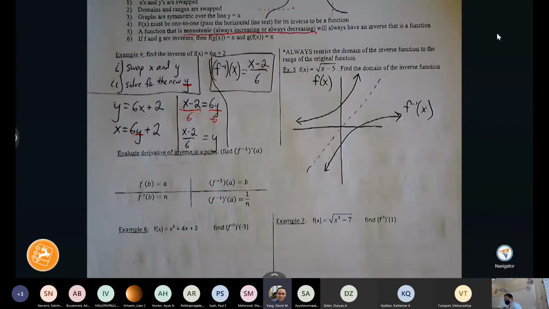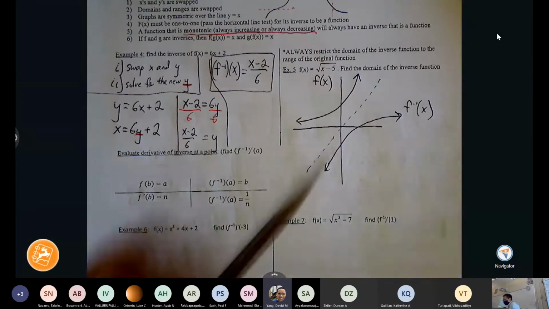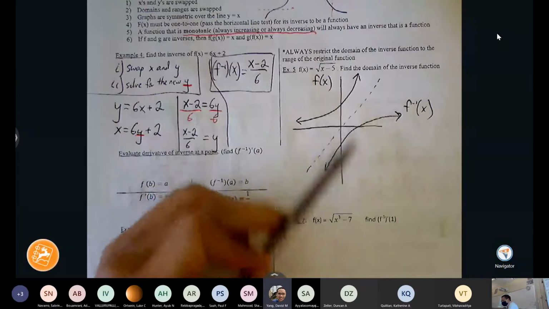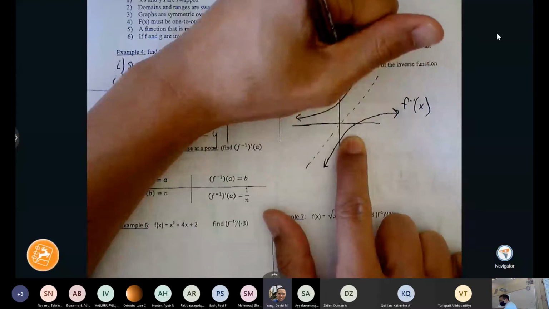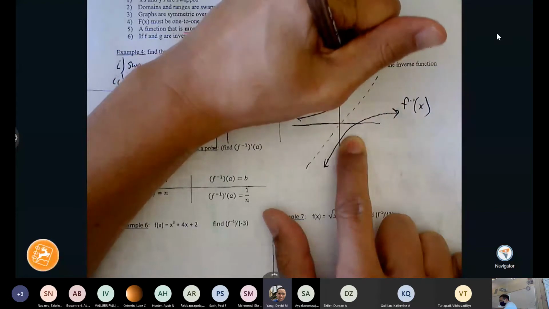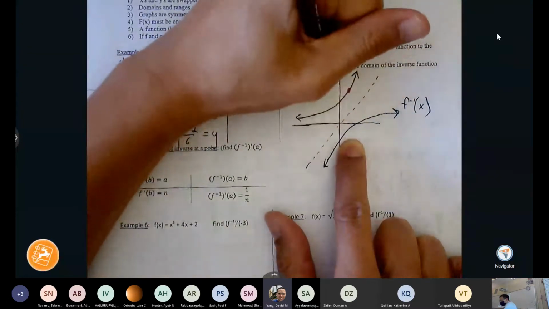Okay, I want to give an example in terms of the slope. There's a relationship between the slope of these two graphs, but I'm going to start with ordered pairs. Let's say there's an ordered pair that sits on the original function as 1, 4.